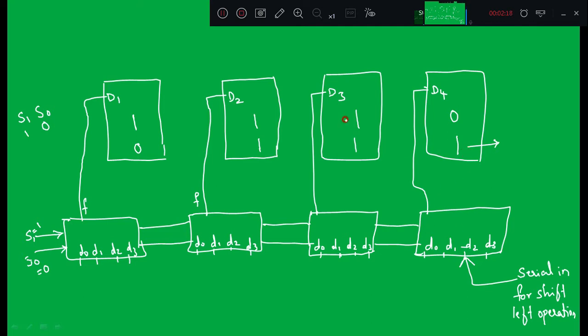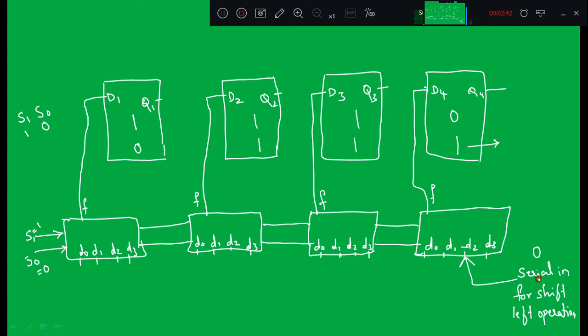Next, the outputs are connected to D3 as it is. So now the outputs of the muxes are connected to the inputs of these flip flops. This is Q3, Q2, and this is Q1. This is the data which I wanted to shift towards left, right?